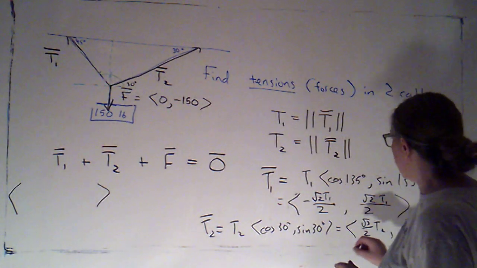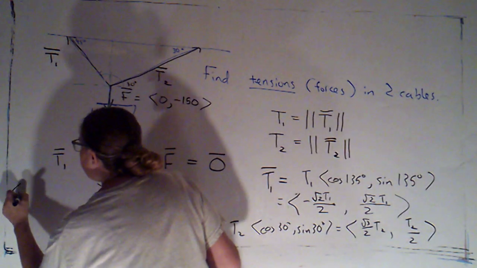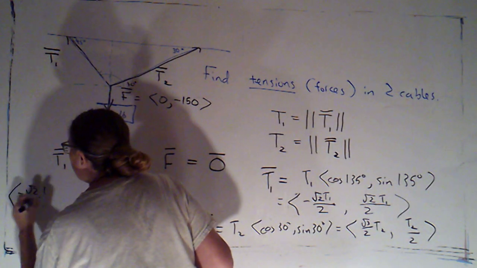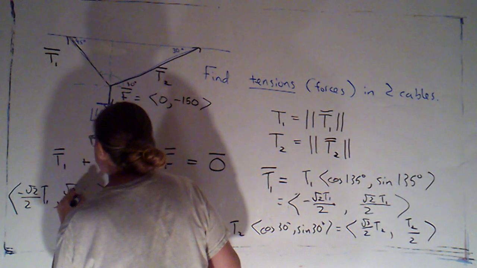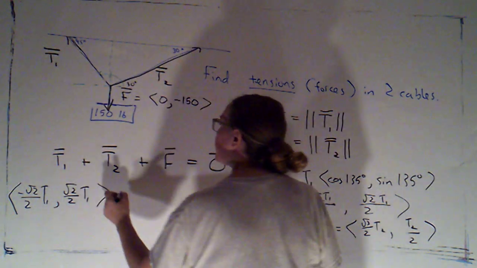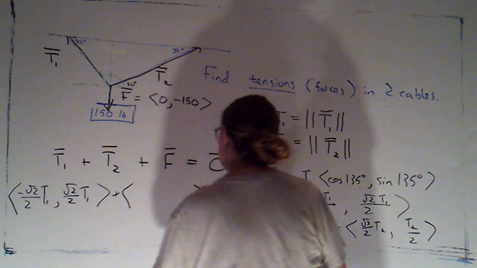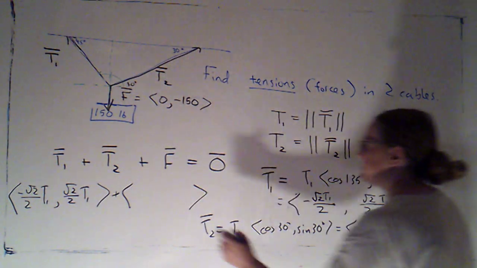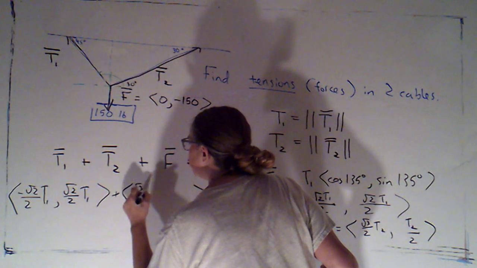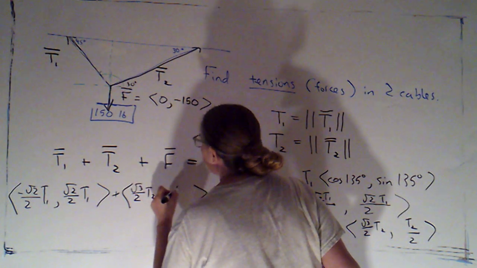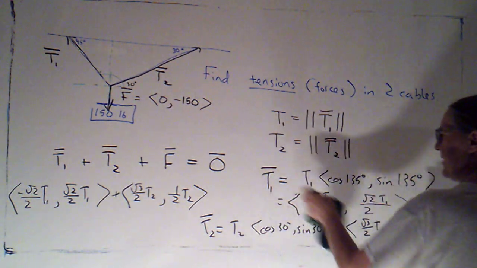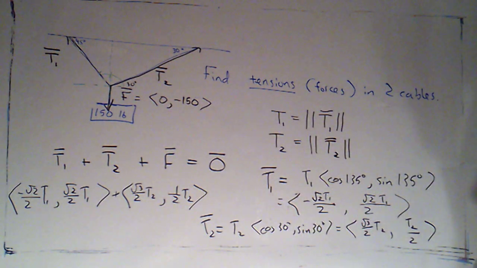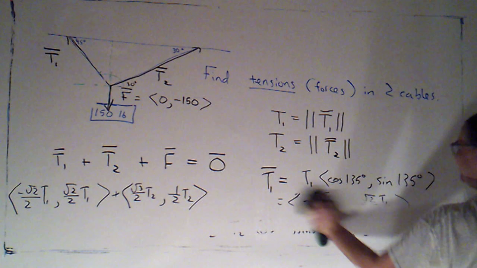T1, we said, was negative root 2 over 2 times T1, comma, root 2 over 2 times T1. Plus T2, we said, was root 3 over 2 T2, comma, 1/2 T2. I'm going to erase this work here just so I get a little bit more space.